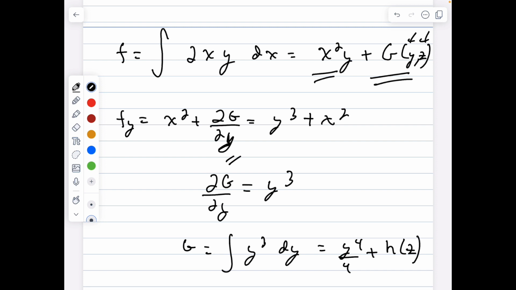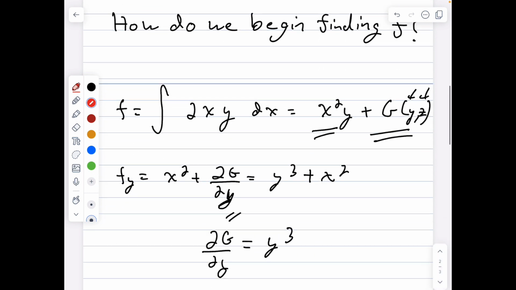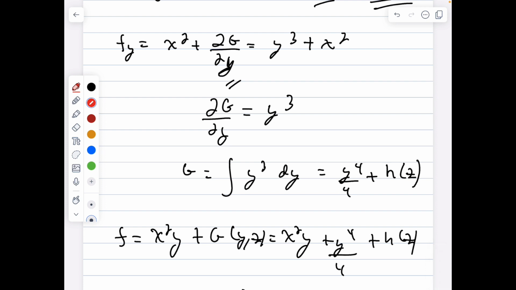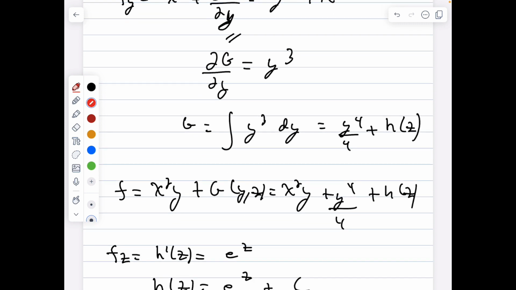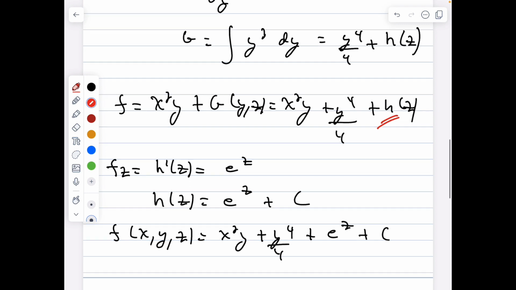And you set it equal to what the partial derivative in y was supposed to be from the given vector valued function, so y cubed plus x squared, and you have an equation here for change in g, change in y. You integrate it, and you go ahead and figure out what the structure of g looks like, and then finally you take one more derivative to figure out what this h of z function would look like. And once you have all that, you put all that together, and there you go.